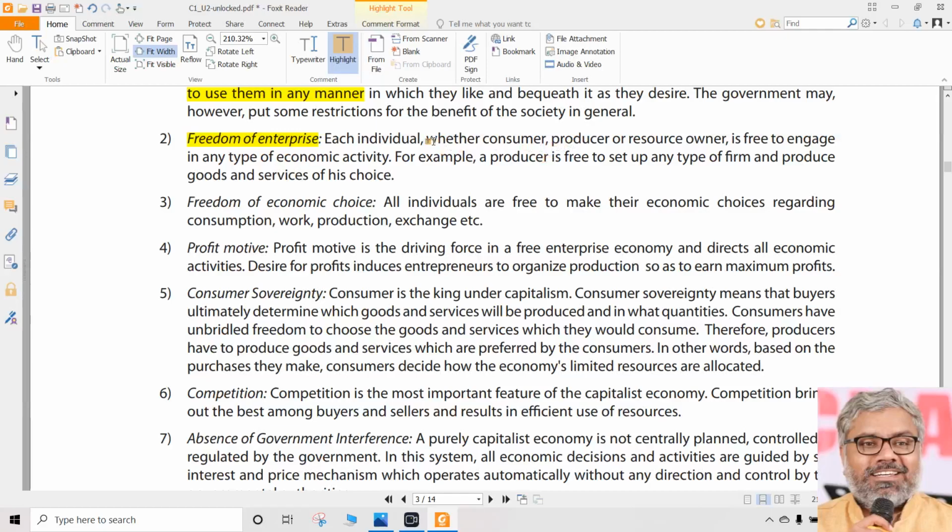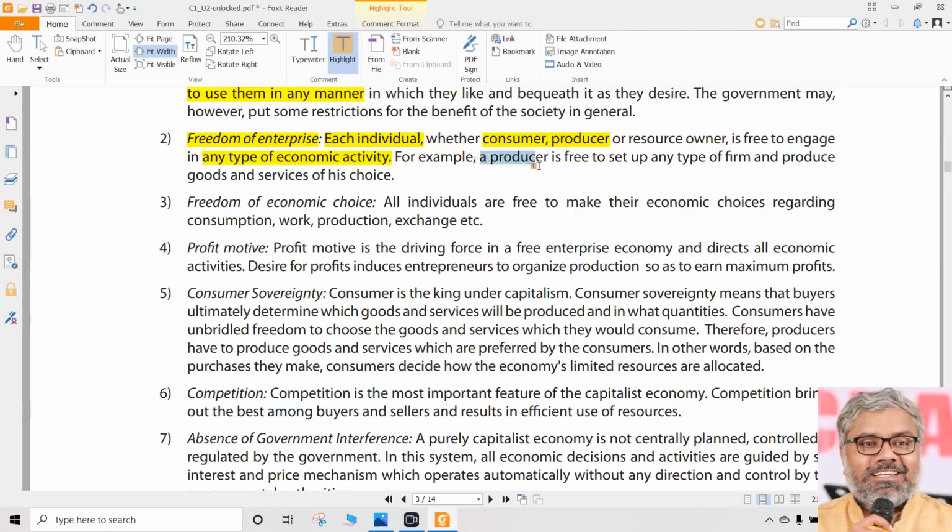No. There is a freedom of enterprise to each individual, particularly for producers, and not only for producers, even for consumers also there is a freedom to choose any type of economic activity. So that is their choice. What they want to do, what they want to produce, what type of economic activity they want to perform, that is their choice.